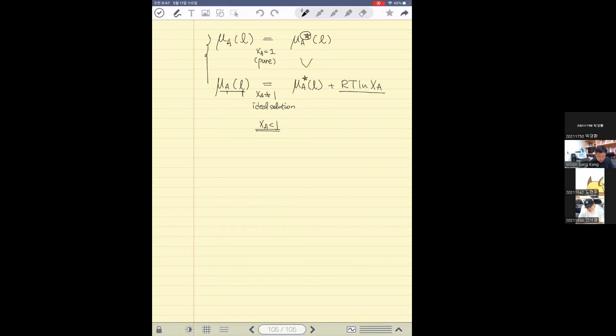And therefore, this term here, which is the pure chemical potential of liquid, should always be larger than the chemical potential of A in the mixture, right? This has to be always smaller than this value. This is A in the mixture, and that's A pure, right? When you have a mixture, you have a lower chemical potential.